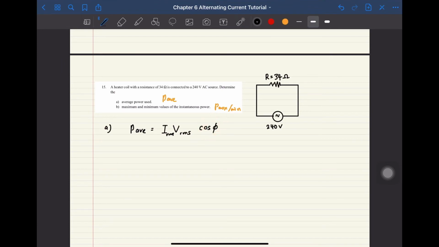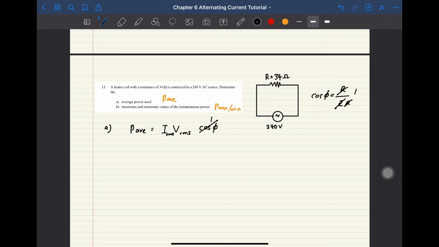But here, notice that this one is just an AC circuit with a resistor. So if I want to use cos phi, it would be cos phi equals R over Z. If you have more than one component, obviously cos phi will have a different value other than one. But since Z here is equal to R as well, you can cancel this out and it becomes 1.